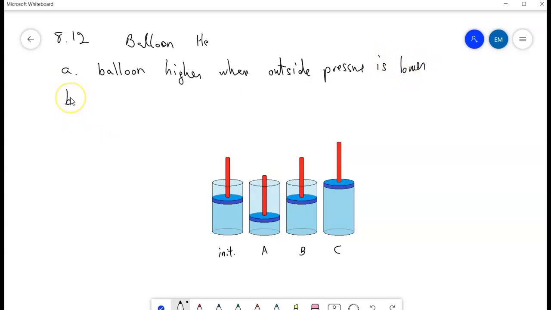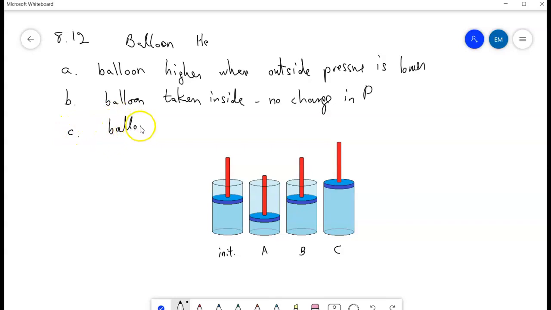B, the balloon is taken inside the house, but the atmospheric pressure does not change. They're expecting you to think on this one. C, balloon goes into a hyperbaric chamber.